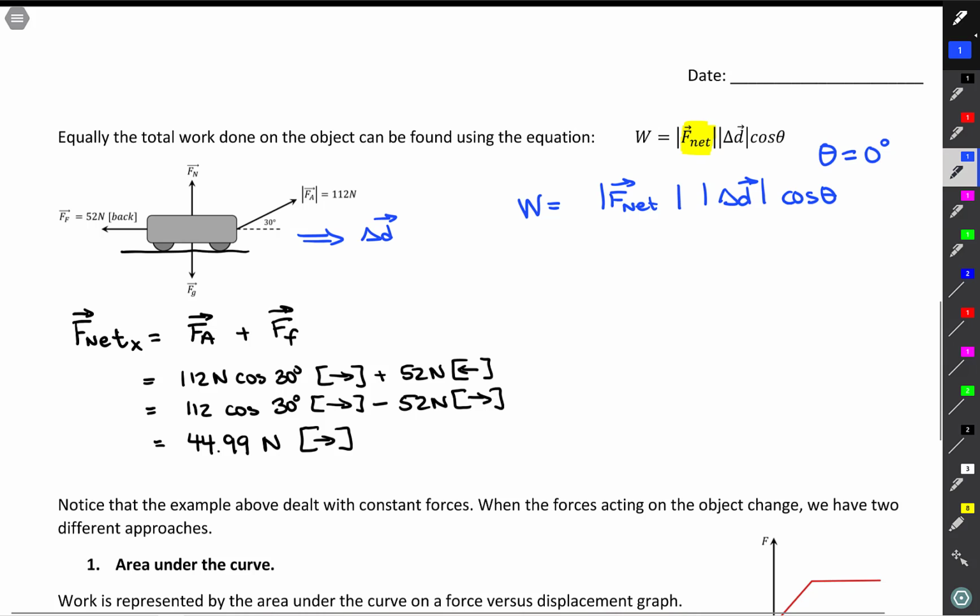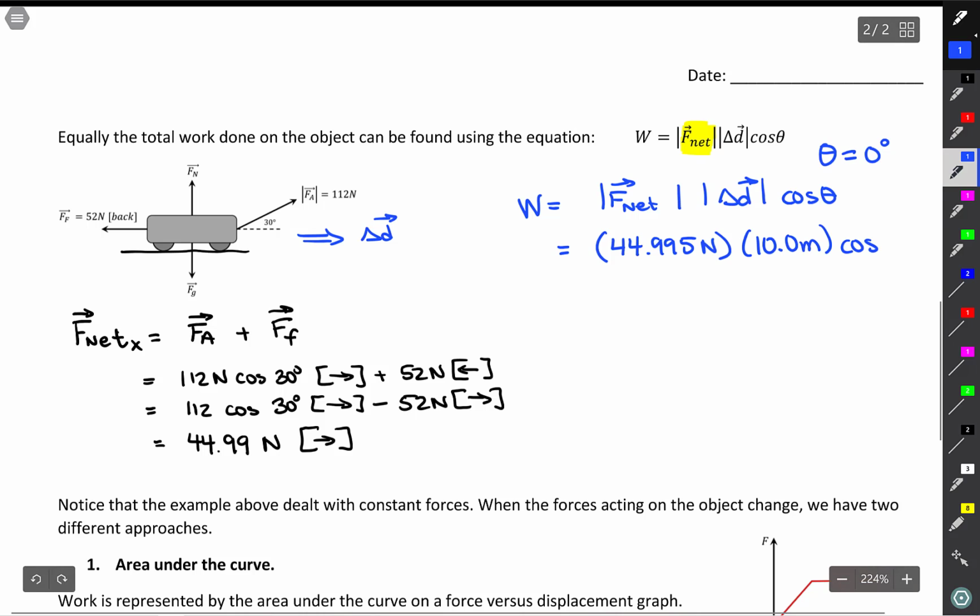Okay, now let's substitute in our values. We get 44.999. There's two nines and then a 5, if you actually went through with your calculator. That's my net force. My displacement was 10 meters.